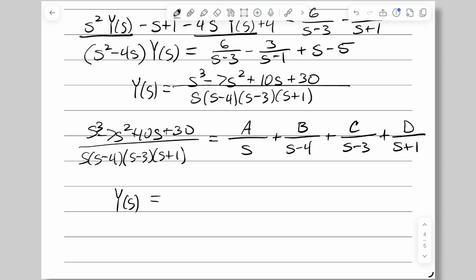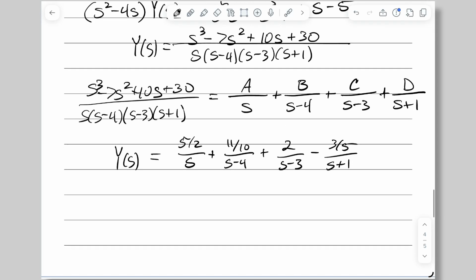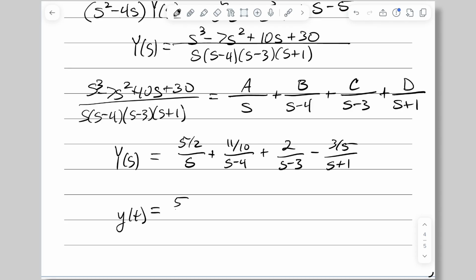We end up with Y of s is equal to 5 halves over s plus 11 tenths over s minus 4 plus 2 over s minus 3 minus 3/5 over s plus 1. Applying the inverse transform gives us the solution of y of t equals 5 halves plus 11 over 10 e to the 4t plus 2e to the 3t minus 3/5 e to the negative t.